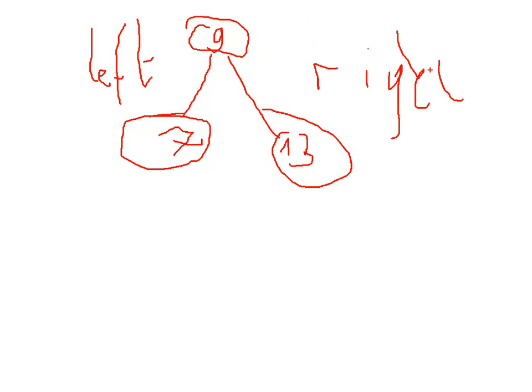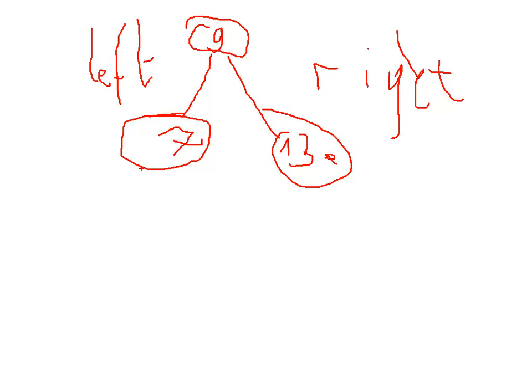So the left and right child: the left child is always smaller than its parent, and the right child is always greater or equal to its parent. So if you told me 9, I would put it over here. But that's still a question of implementation. That's not really obligatory. Okay, and if you give me more numbers, they will be placed in the same way.